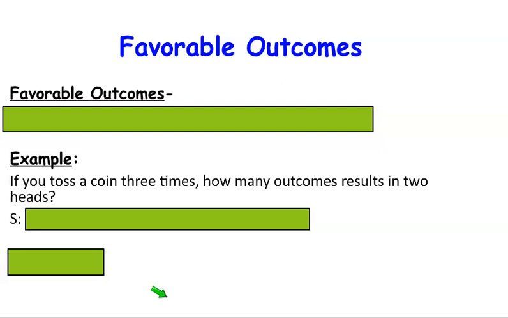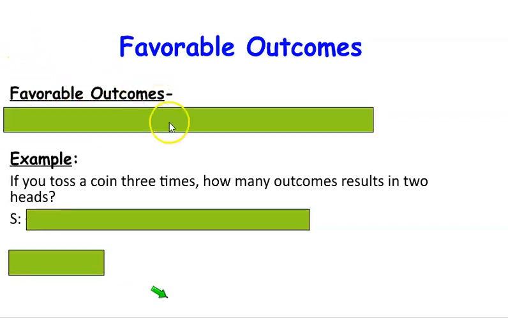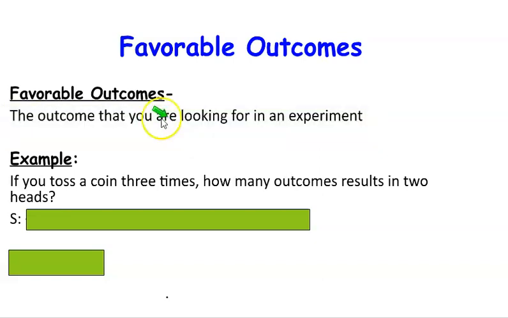Welcome back. So we just got done flipping a coin 3 times and listing the sample space. Before we work a problem using that sample space, we have to talk about another term, favorable outcomes. It's the outcome that you are looking for in an experiment.